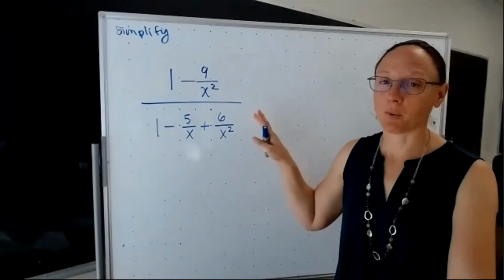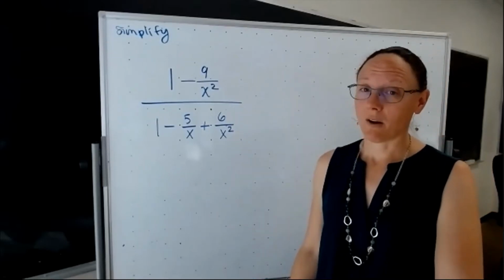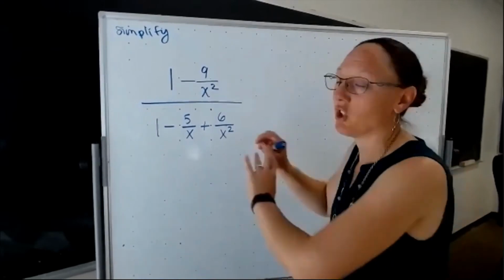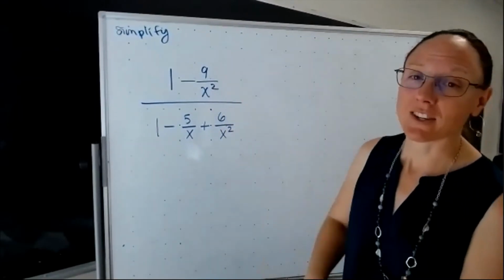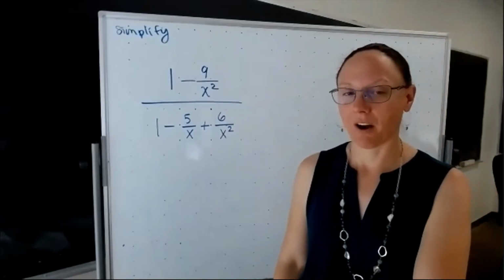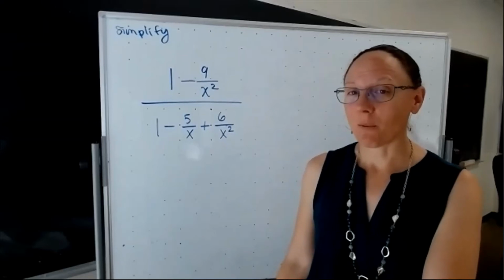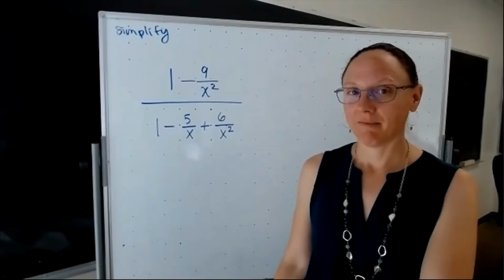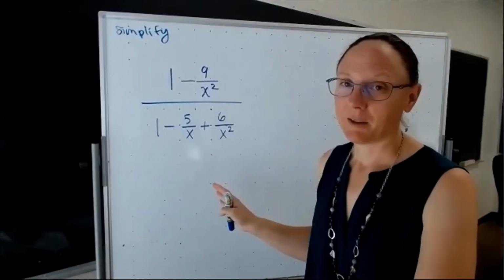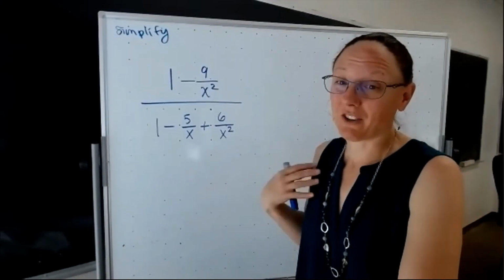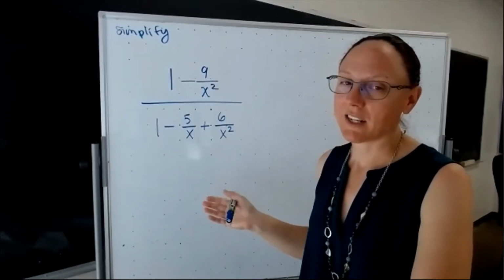There are a couple of different approaches that we can take to this. One option is to step back, look at the entire thing and say, because I've got fractions on the top and fractions on the bottom, is there a single common denominator that would work for all of it? And the single common denominator that I'm seeing that would work for all of it is x squared.